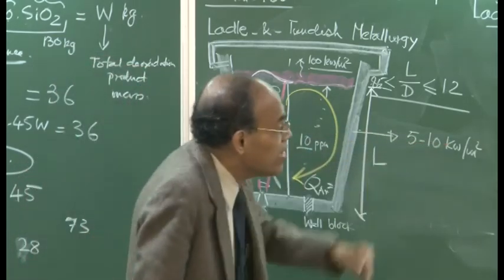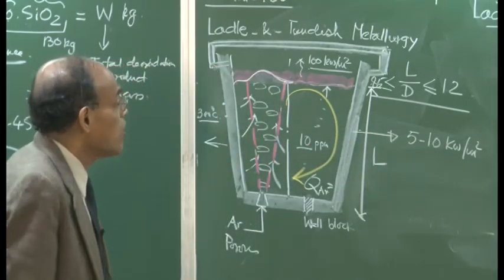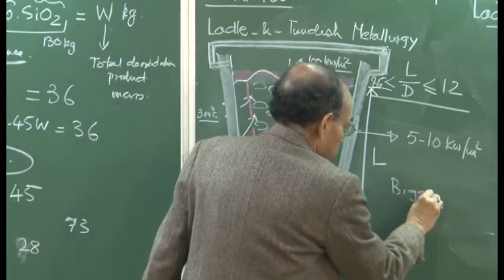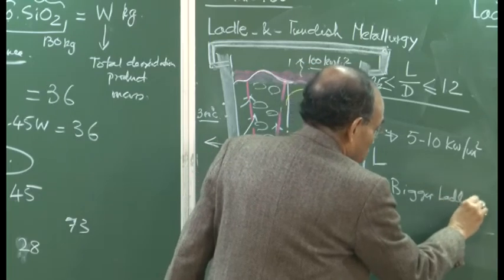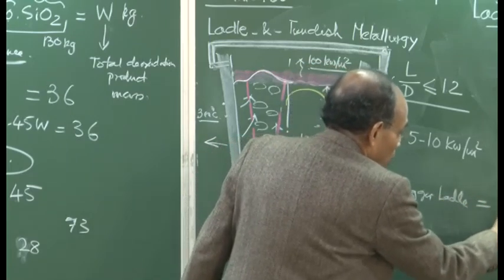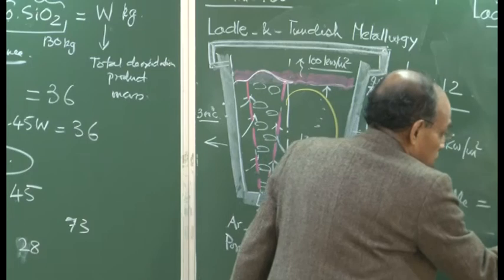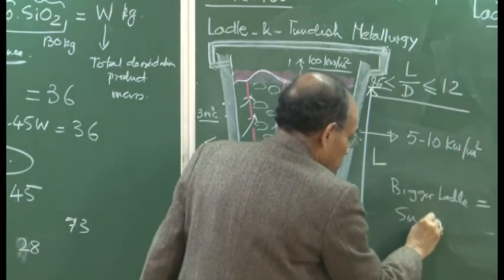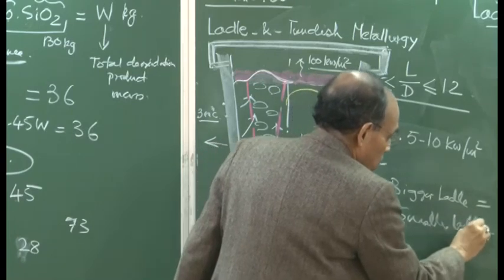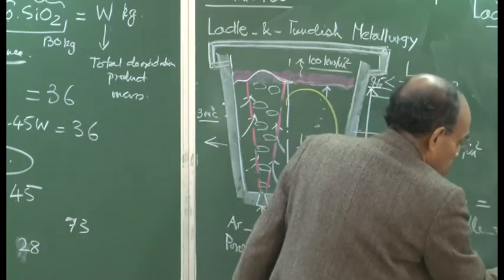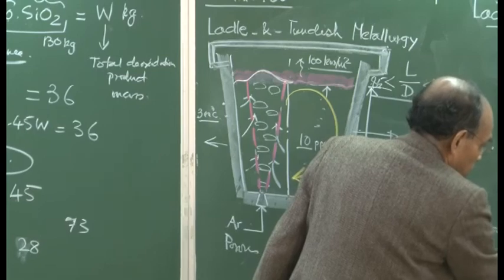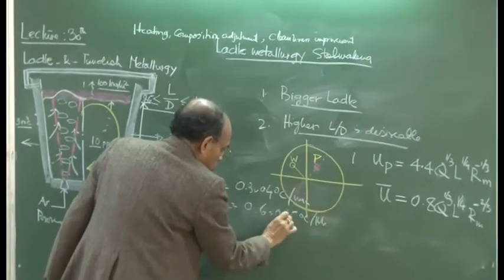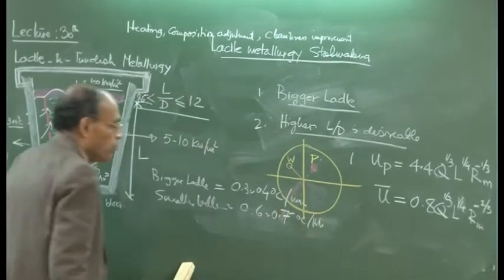As a result, during 70 to 80 minutes of processing, if you have a bigger ladle, the temperature drop is going to be 0.3 to 0.4 degrees centigrade per minute, and for a smaller ladle it is going to be somewhere around 0.6, 0.65 degrees centigrade per minute.